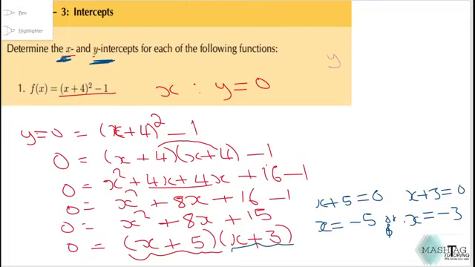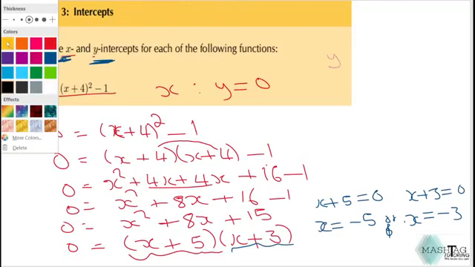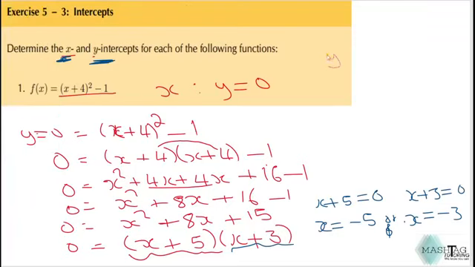Let's go with this one. When you say y-intercept, you have to make x 0, right? And then bring this guy. You're going to take this, bring it here, and replace x with a 0.